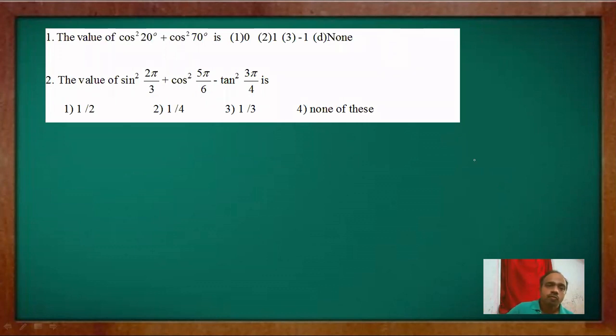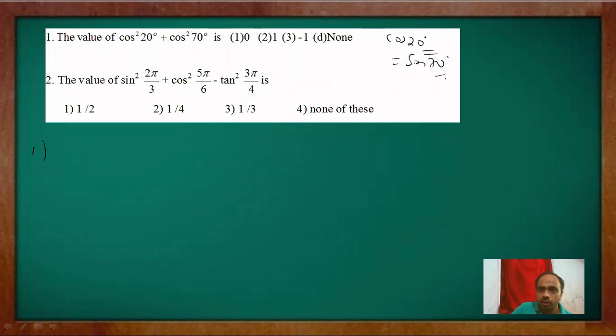First question. The value of cos square 20 plus cos square 70. I told you that when you add complementary angles and get 90, sin and cos are equal. What did I say? Cos 20 degree is the same as sin 70 degree.